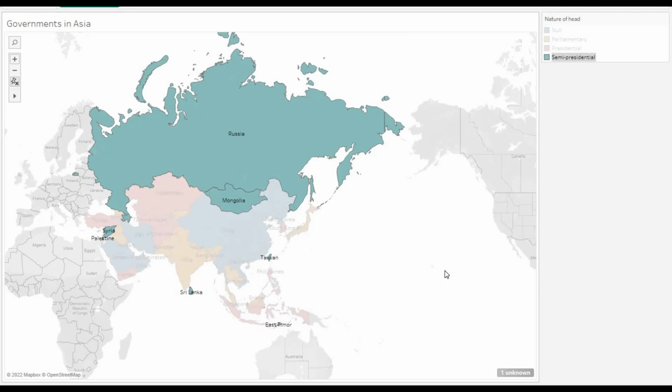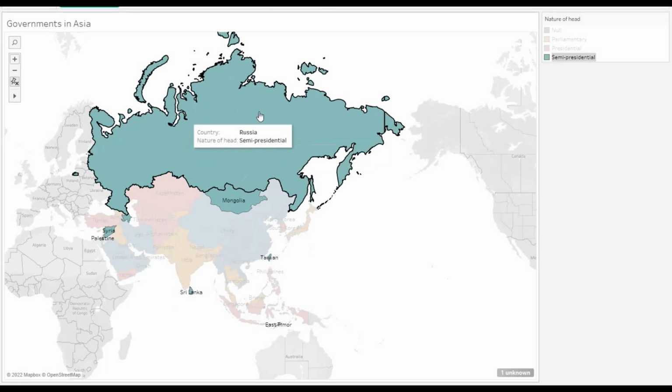And whether the prime minister is directly selected by the president, or by the consensus of the parliament, or the parliament collectively elects the prime minister, it varies from country to country. In Russia, the president selects the prime minister in consultation with the parliament.